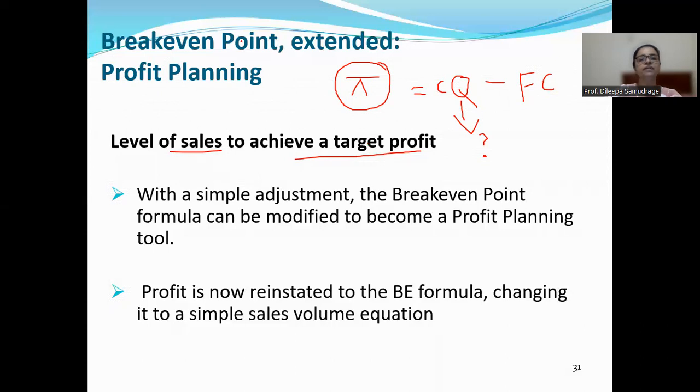Profit plus fixed cost divided by contribution. Correct. Profit plus fixed cost.